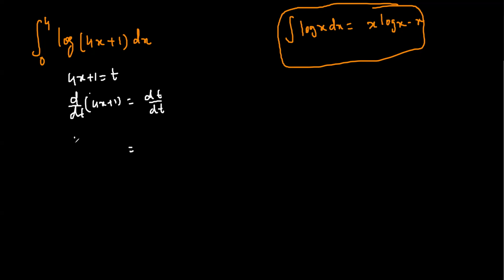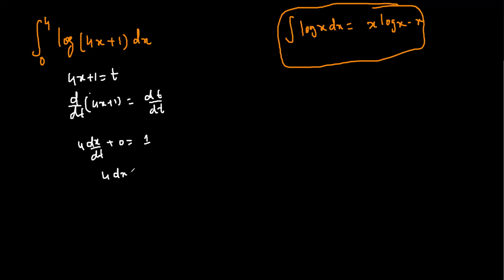So here you will get 4. The derivation of 4x is what? 4. So if you derive 4 with respect to t, it is dx upon dt, because whenever you differentiate, you must have two variables, one is x and second is t. dt by dt is 1.